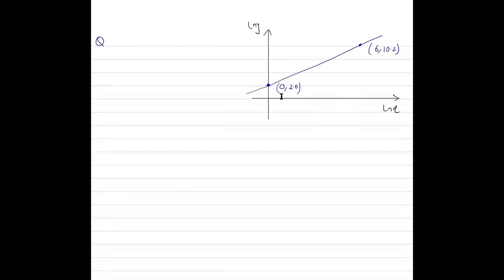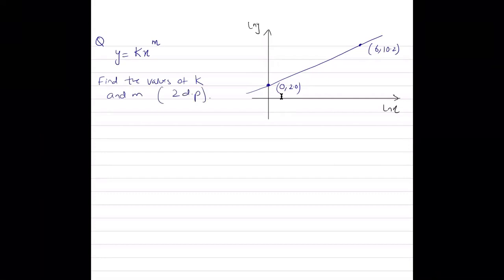It says that the equation of the curve is y equals kx to the power of m, where k and m are constants. The graph of ln y against ln x is a straight line passing through the two points (0, 2) and (6, 10.2), as shown in the diagram. You need to find the values of k and m correct to two decimal places.